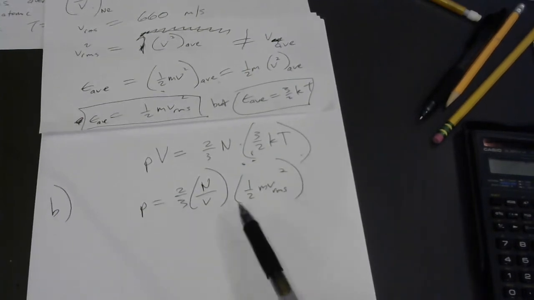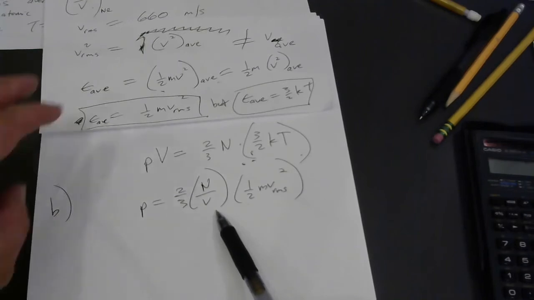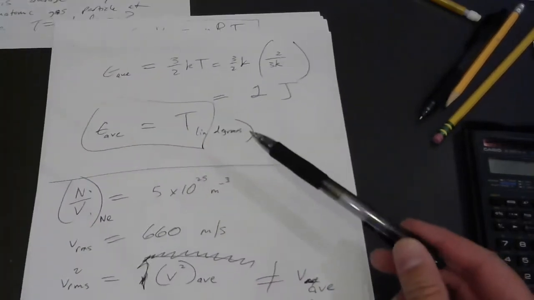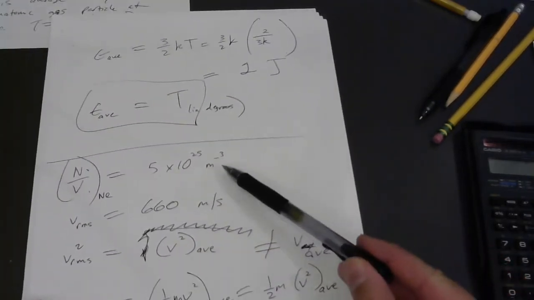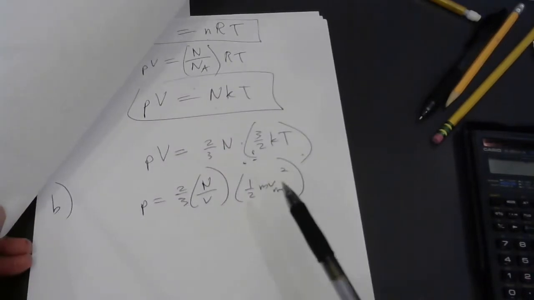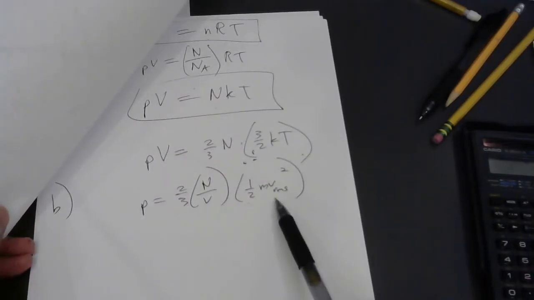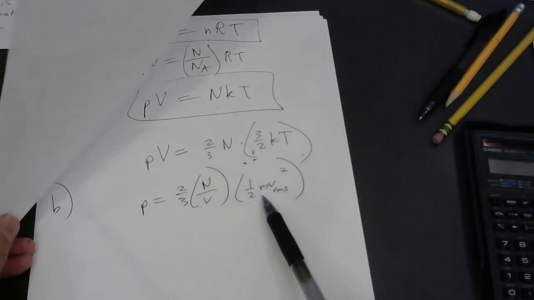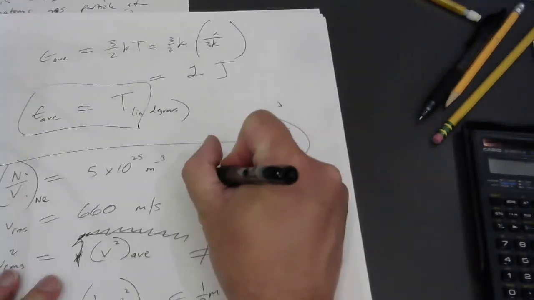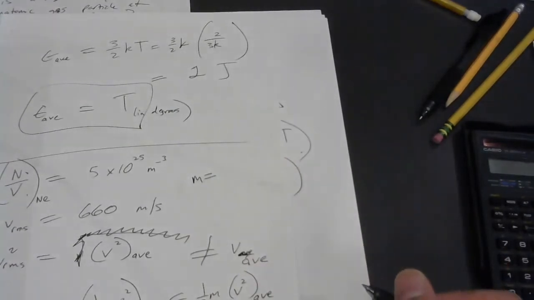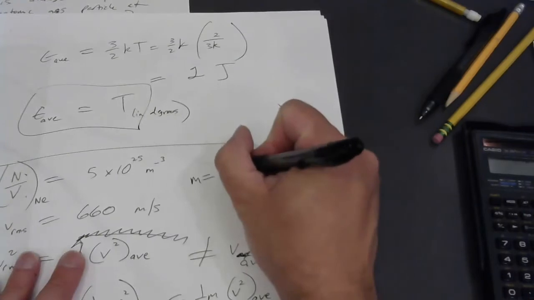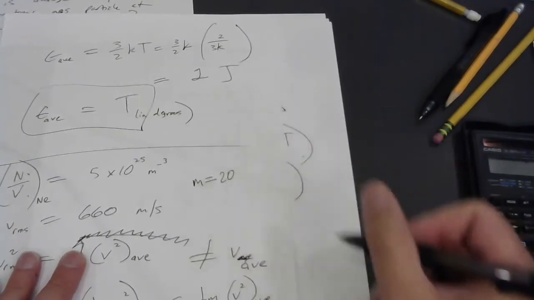How do we calculate the pressure? Well, this was given. They just told us how many particles there are per cubic meter. And they also gave us the RMS speed. Now for the mass, you'd have to look that up. The mass for neon. Well, neon is atomic number 20 from the periodic table. So there are 20 nucleons.